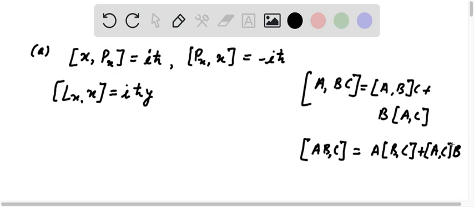We have to use these two properties, and we have to start from this x and px.